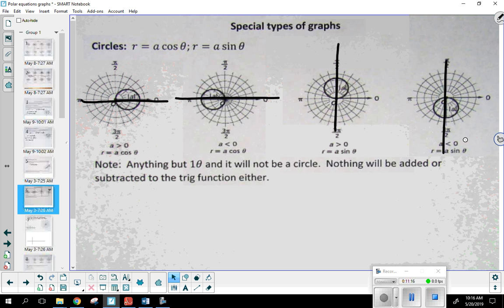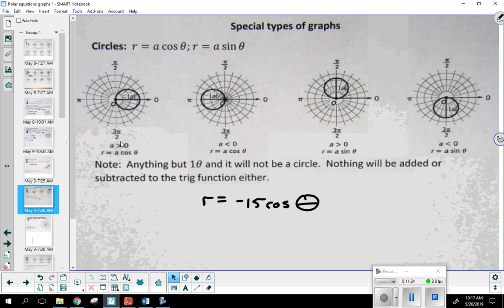Okay, so based on what we see here, if I were to give you this, r equals negative 15 cosine theta. That is the graph of a circle, but where would it be with respect to the pole? Would it be above, below, right, or left? I'm already thinking left or right because what trig function do we have?